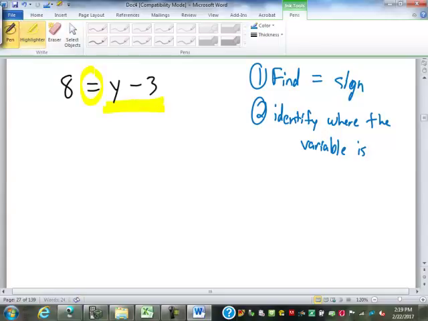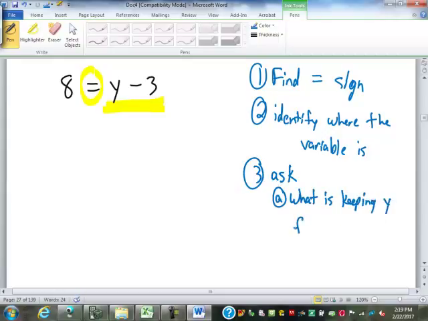Now once we found where the variable is, we have to ask ourselves 2 questions. The first question is, what's keeping the variable, in this case y, from being alone, from being by itself on that side of the equation? Well, in this case, what's keeping y from being alone?